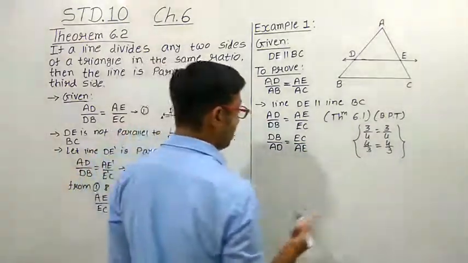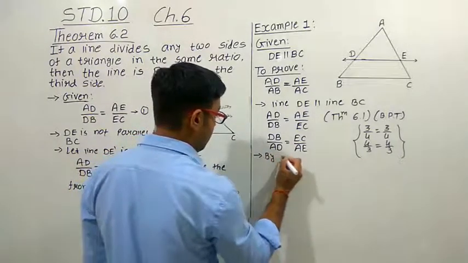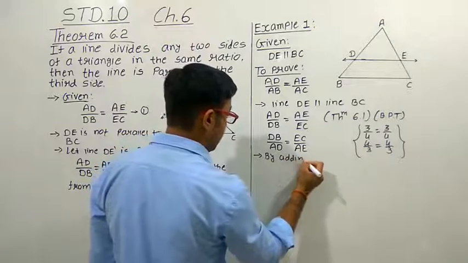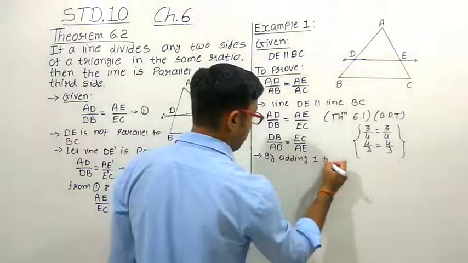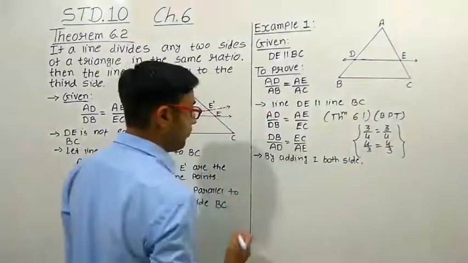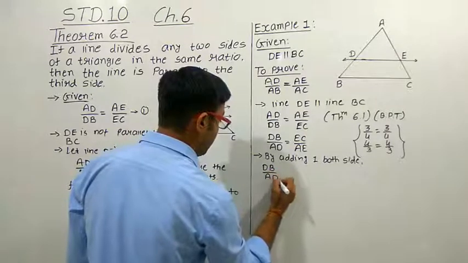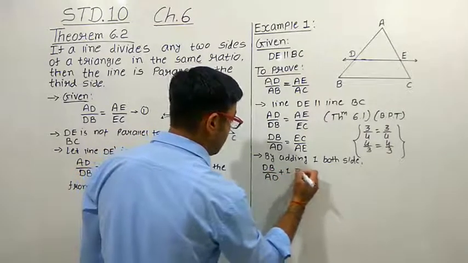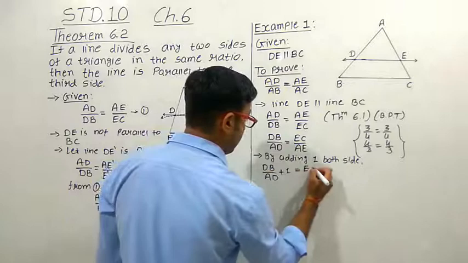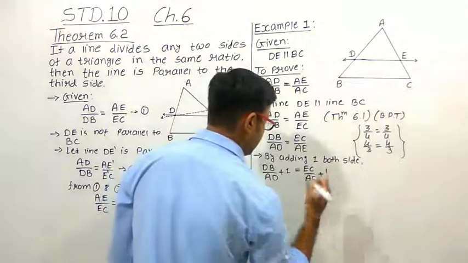Now let us add 1 to both sides. What will happen if we add 1 to both sides? We get DB upon AD plus 1 is equal to EC upon AE plus 1.